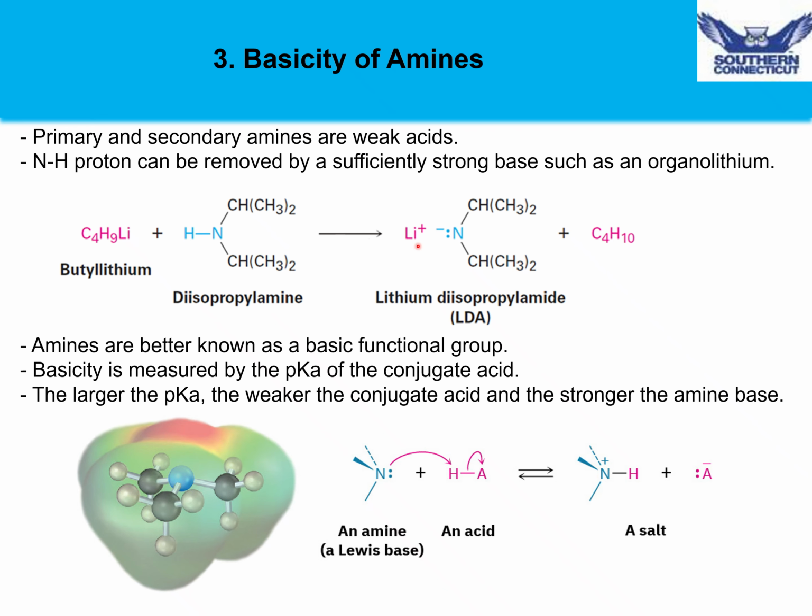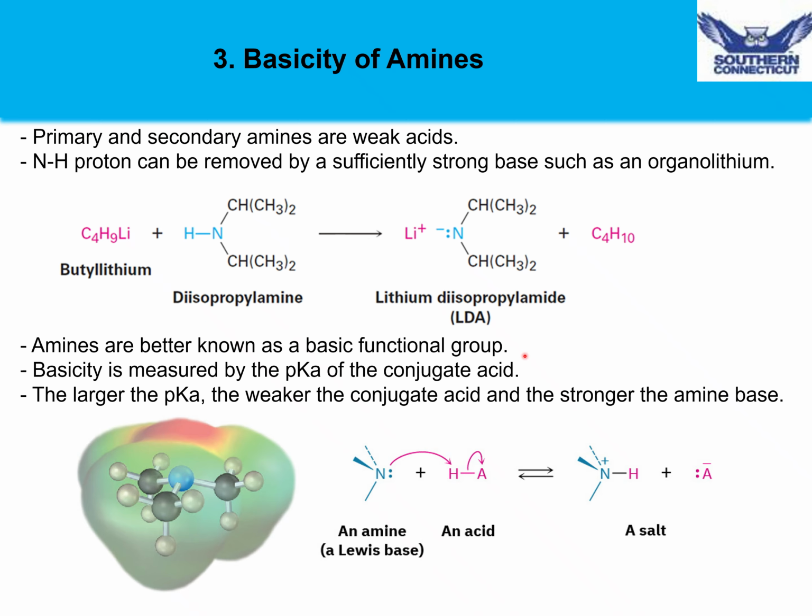Amines are better known as a basic functional group, and so they react with several acids. Their basicity is typically measured by the pKa of the conjugate acid that forms from a reaction with an acid. The larger the pKa of the conjugate acid, the weaker the conjugate acid is, and the stronger the amine base will be.